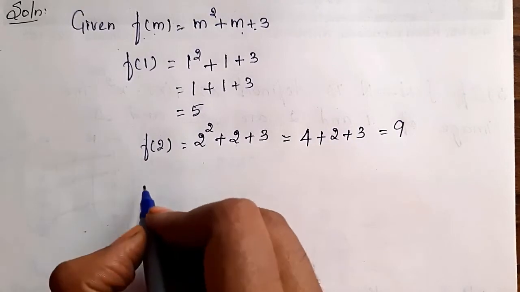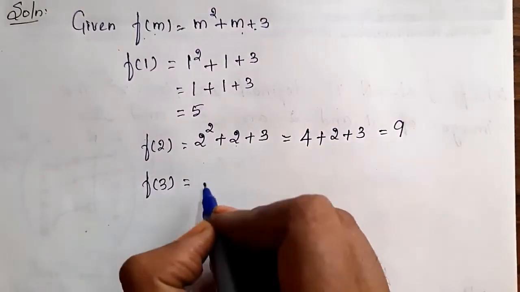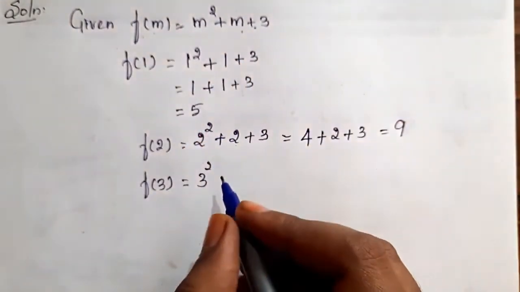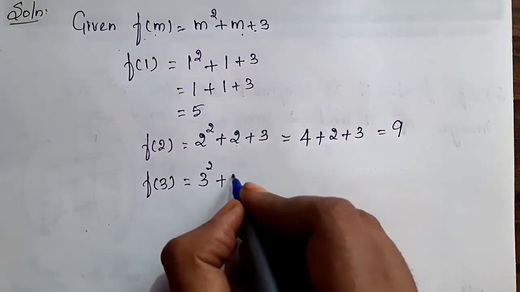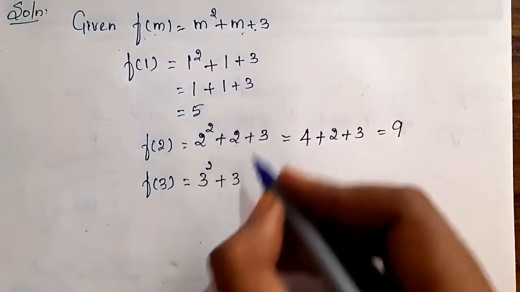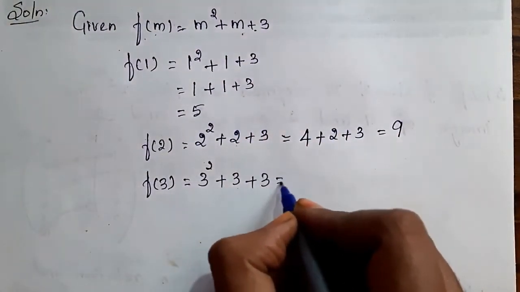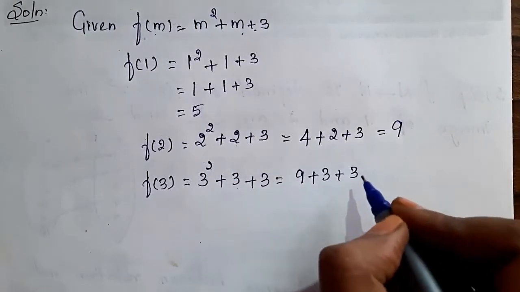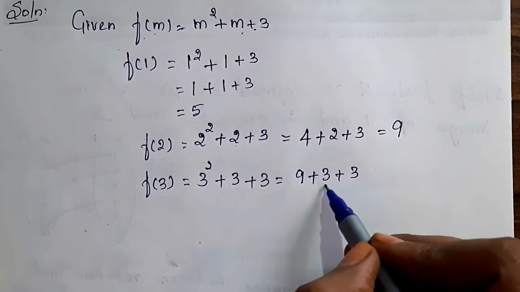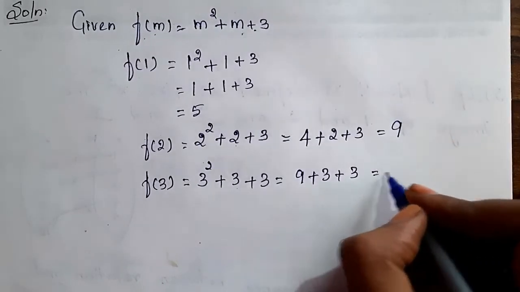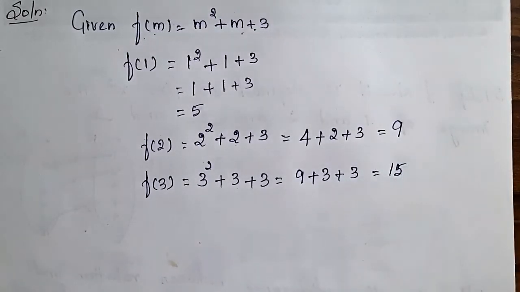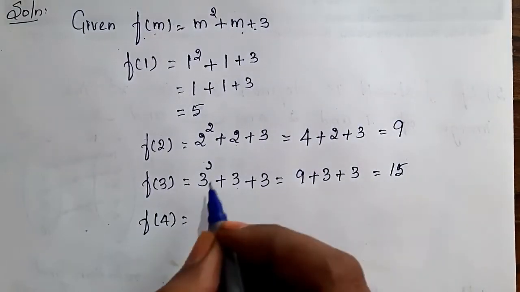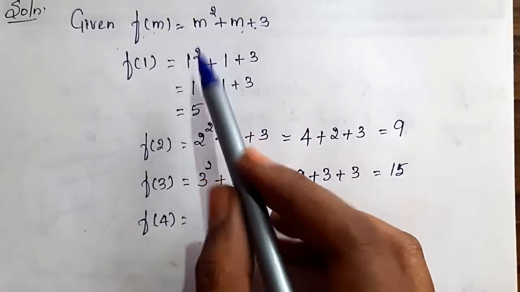Next we can apply 3. So f of 3 equal to 3 square plus 3 plus 3, because it is m. So 3 square means 9, plus 3 plus 3. Add it. 3 plus 3, 6. 6 plus 9, 15. Okay. Then f of 4 equal to, apply the value 4 there.